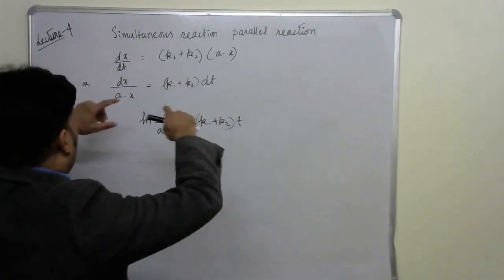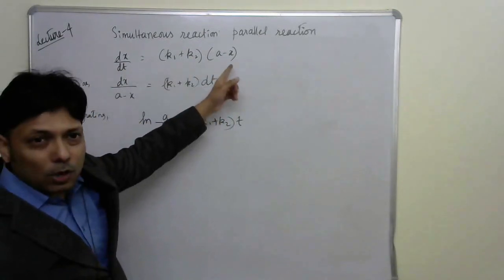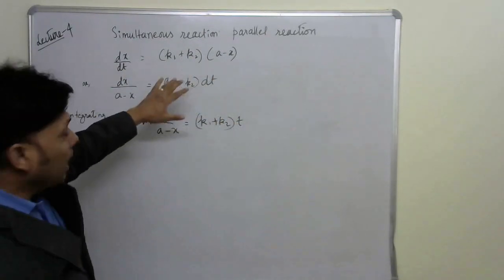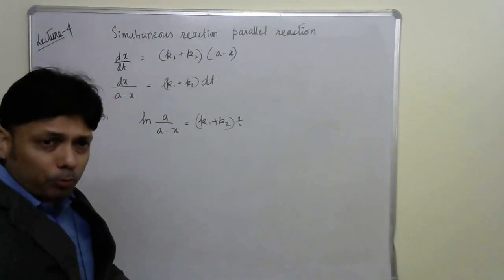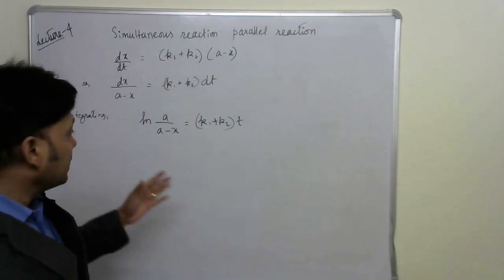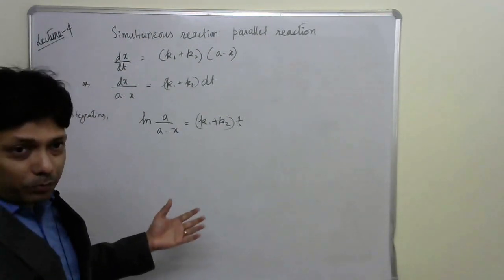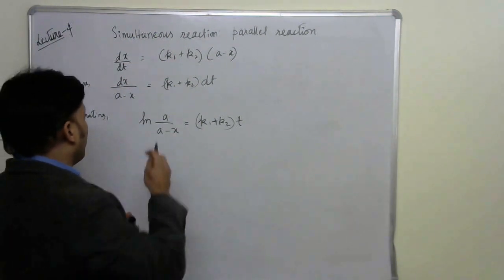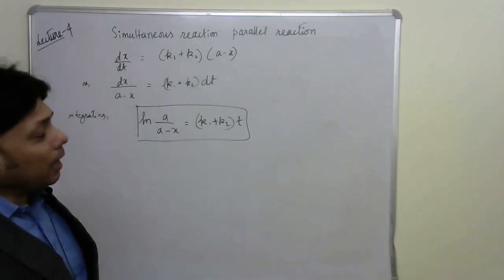We have rewritten the equation dx/dt equal to (k1 plus k2)(a minus x), and on integrating and putting the appropriate condition, that at time t equal to 0, x was 0, we finally get the integrated rate law of a parallel reaction, something like this.